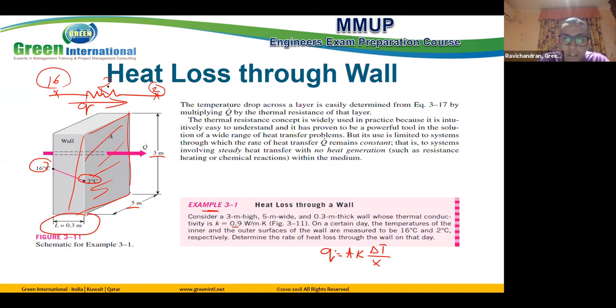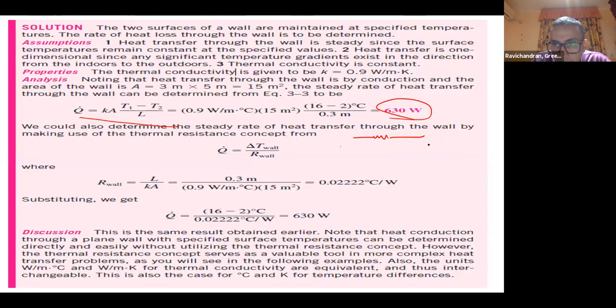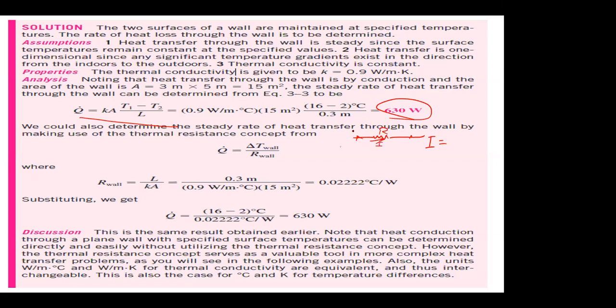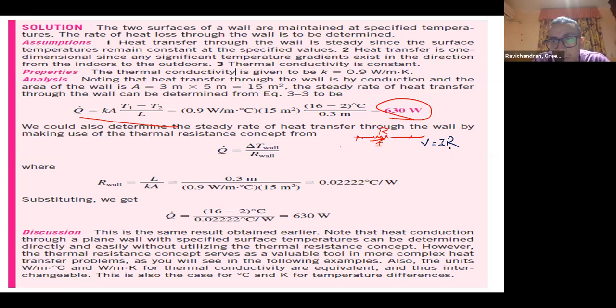So what is resistance here? As we know, V equals IR, so V by I equals R. R here is equal to V over I, correct?